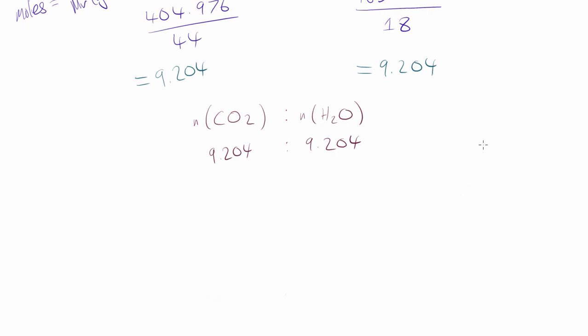As you can see, we've got some decimals there. What we're aiming for is to get as close as we possibly can to whole number ratios, so we're going to divide both sides of this ratio by 9.204.